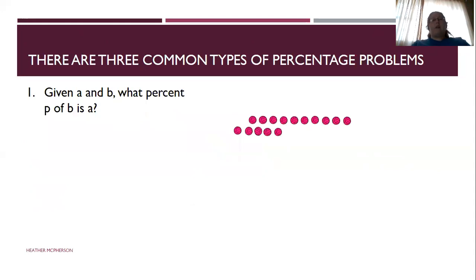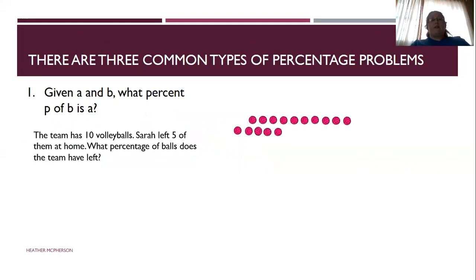Now, when talking about percentage problems, so you have given A and B, what percent P of B is A? So the team has 10 volleyballs. Sarah left 5 of them at home. What percentage of balls does the team have left? So you have 10 volleyballs.